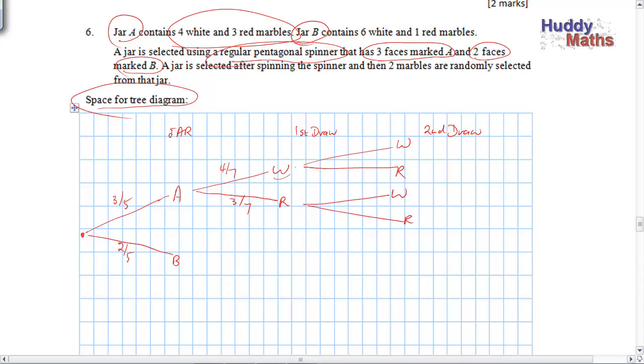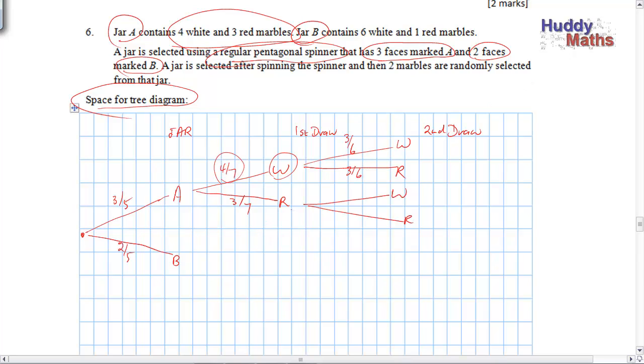After the first draw, you took out 1 white, so now there's 3 out of 6. Yep, and here if we drew the white, we've got 3 out of 6, correct.